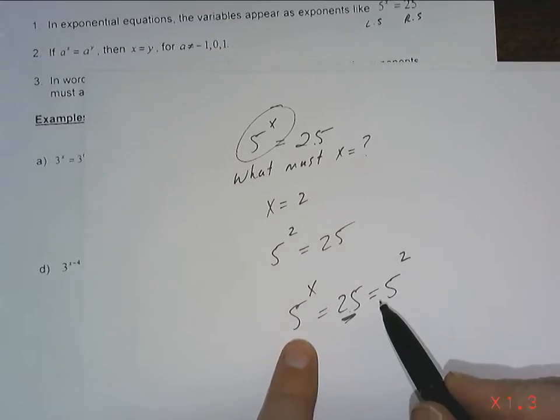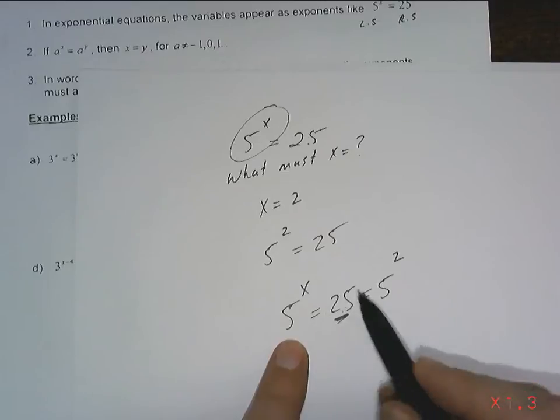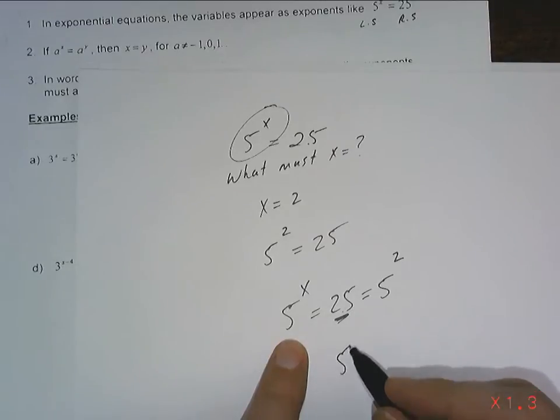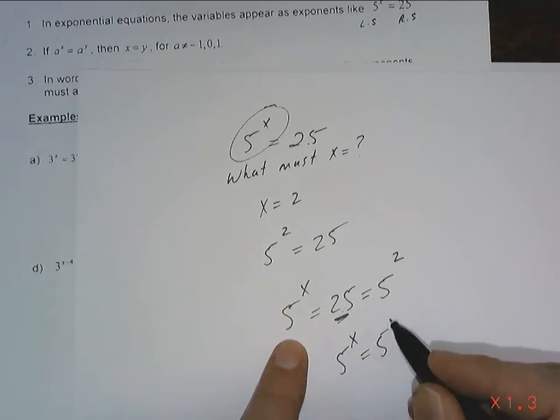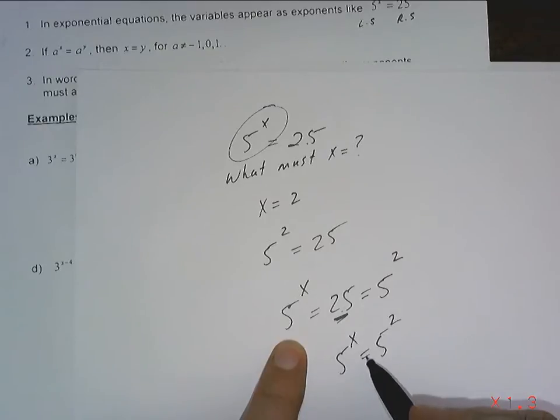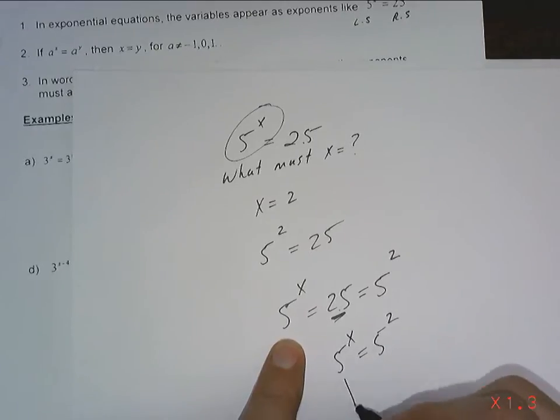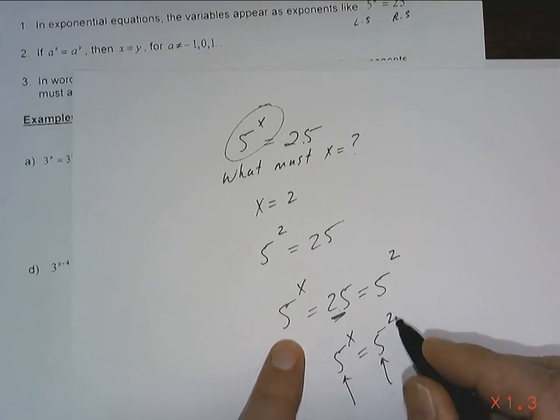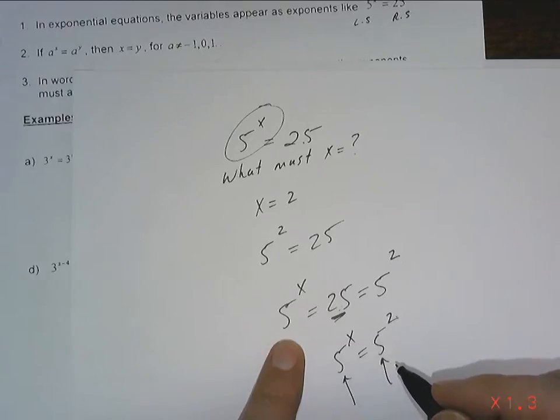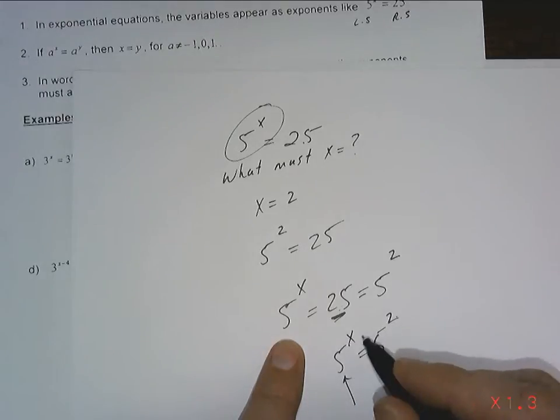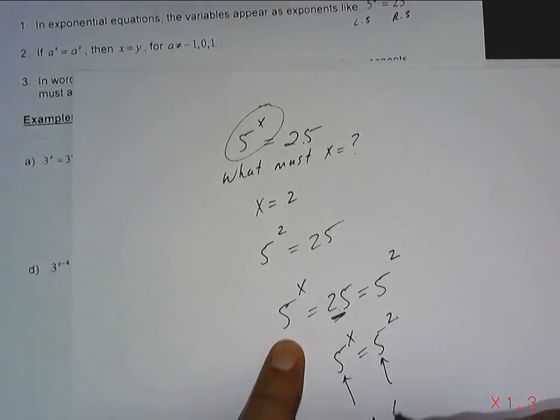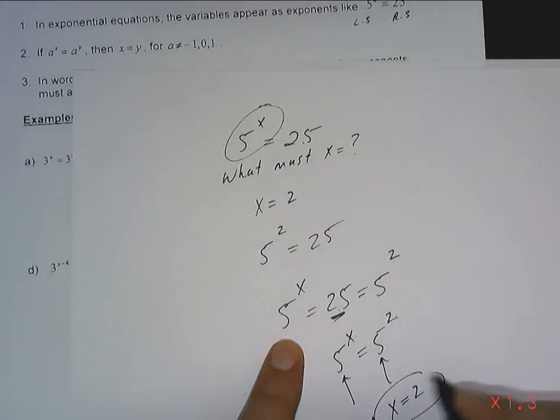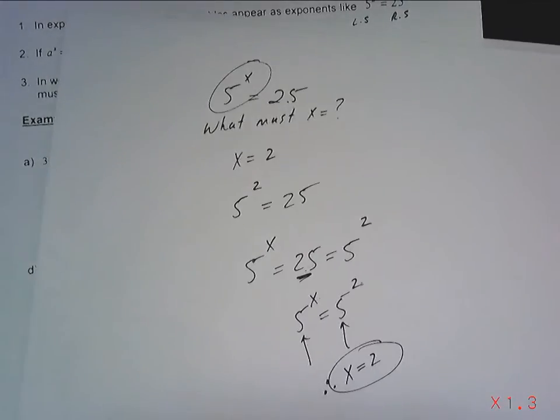So now look at this equation: 5 to the x equals 5 squared, and remember 5 squared is 25. Notice the bases are the same. So 5 to the x must equal 5 to the 2, which means that if the bases are the same, then the exponents must be the same. And that's our logic here.